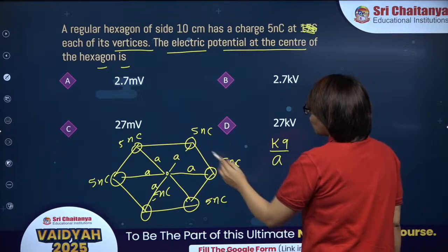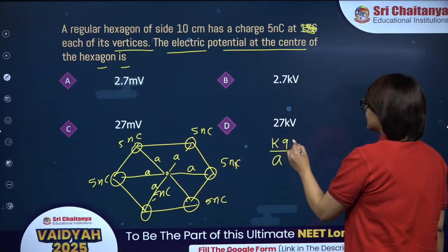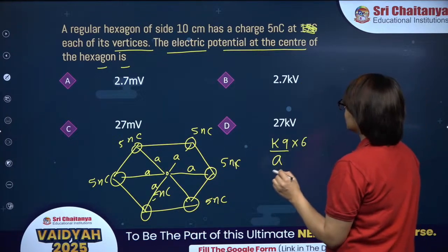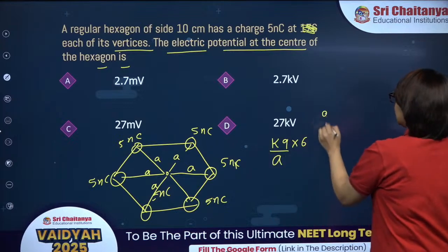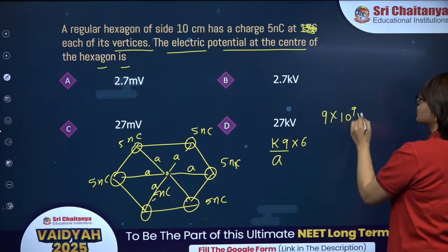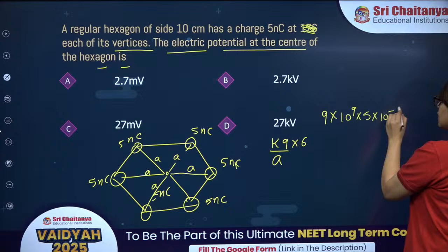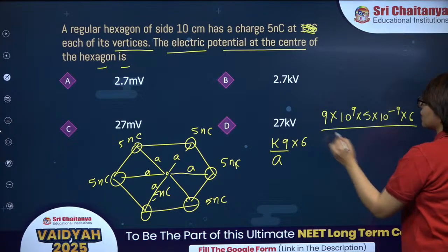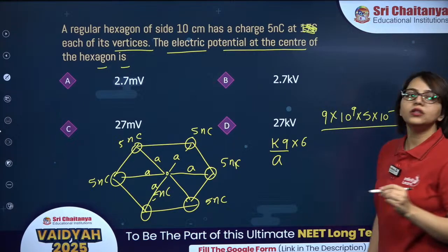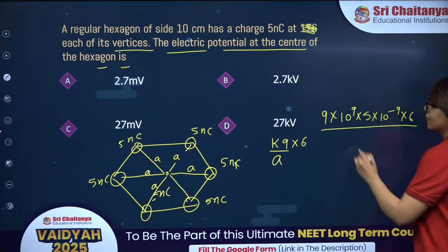So potential due to all these 6 charges will be 6 times kq divided by a. So k is 9 into 10 to the power 9, q is 5 nanocoulomb into 6 divided by a. A is 0.1 meter, right?